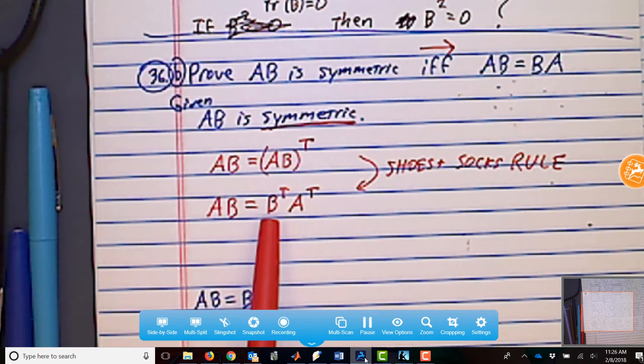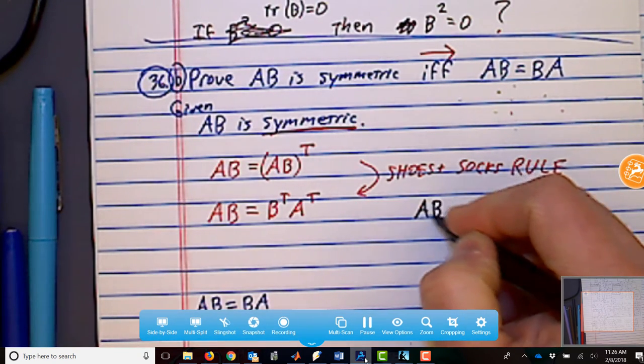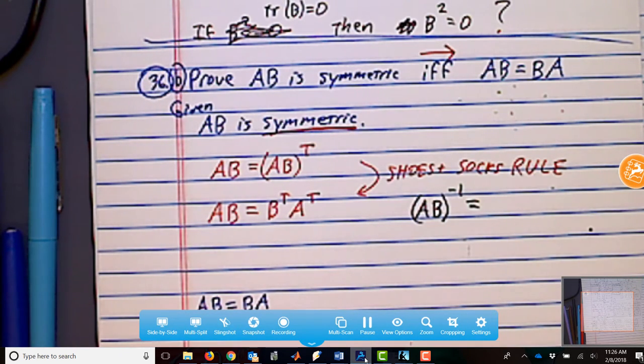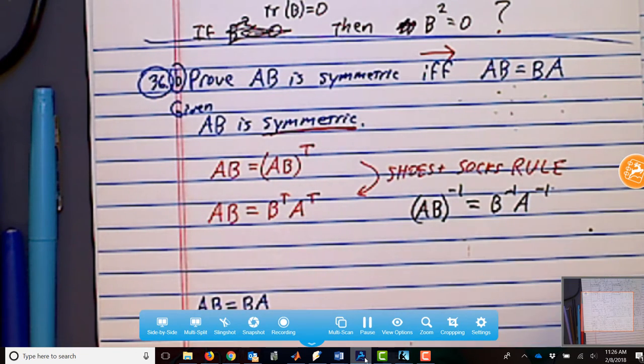Take off your shoes, then take off your socks, right? Actually, where I usually see this is AB inverse. What does AB inverse equal? Did you guys read that? It turns out that AB inverse is not A inverse B inverse, but it's B inverse A inverse.